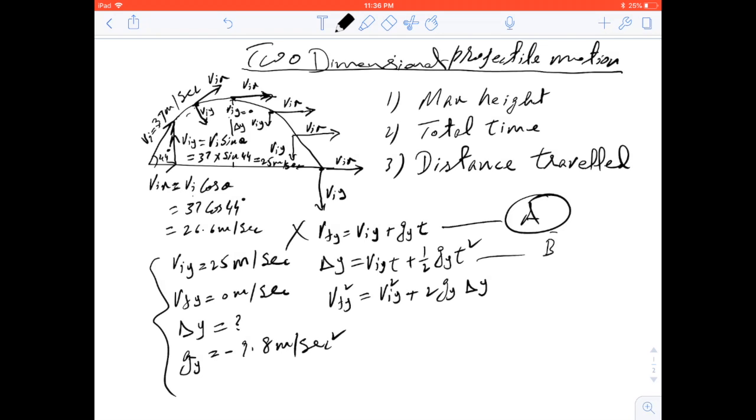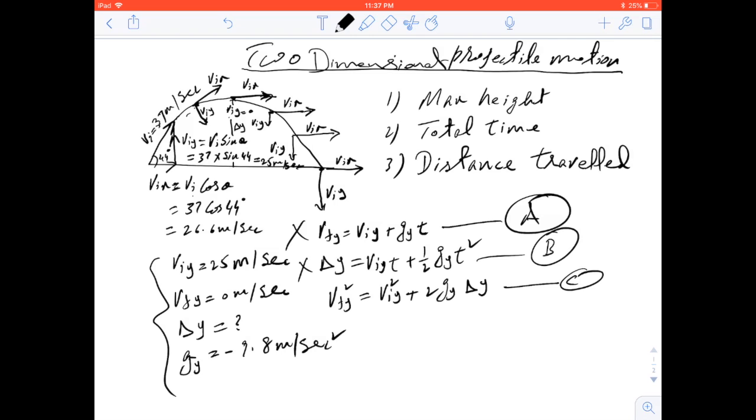In equation B, we have delta y which we need, but the problem is that we have the initial velocity but there is no final velocity of the y component in this equation, so we will not use equation B as well. If we take a look at equation C, we have the final and initial velocity of the y component, the acceleration due to gravity, and delta y we need to calculate.